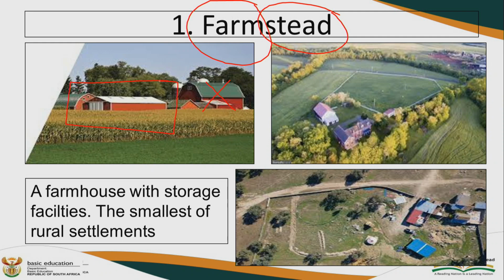Here on the bottom right-hand picture, there's the farmhouse. This might be a storage facility for his tractors. That might be his chickens and pigs that he keeps.